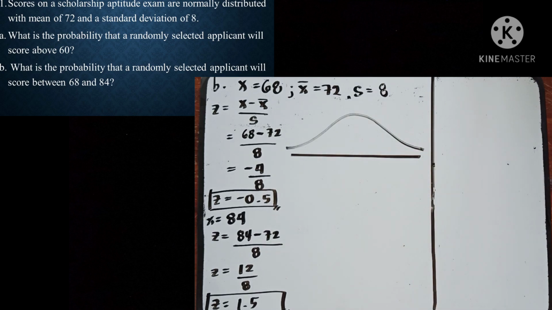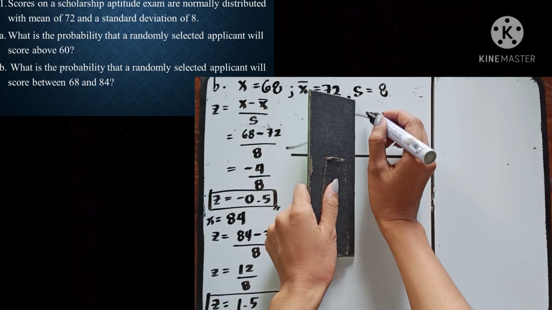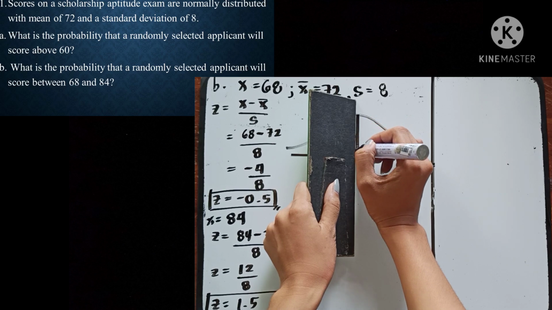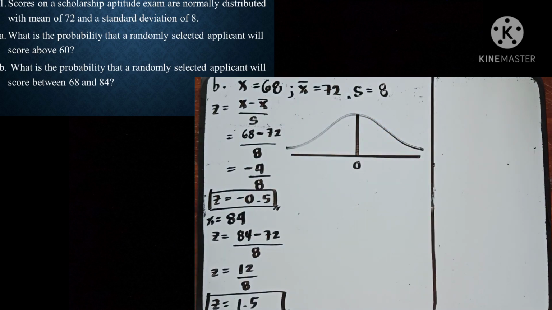Pasensya na kung hindi perfect, okay? So, igitna si 0. Gitna si 0. And next, ilagay yung value ni, or yung z-scores natin, which is negative 0.5 and positive 1.5.